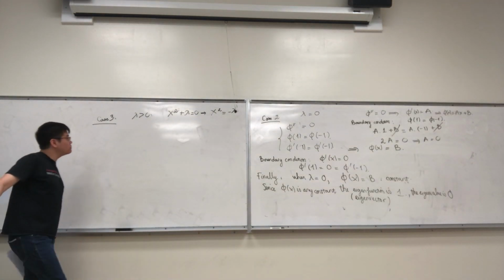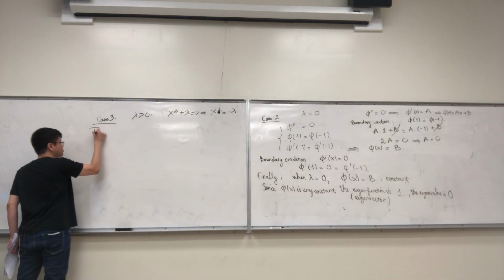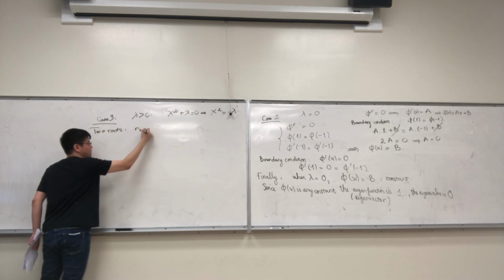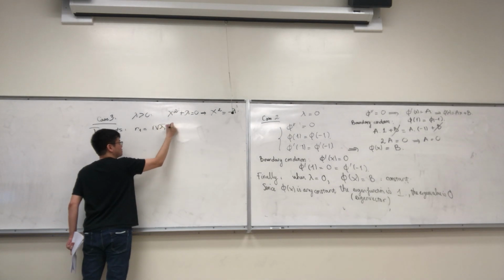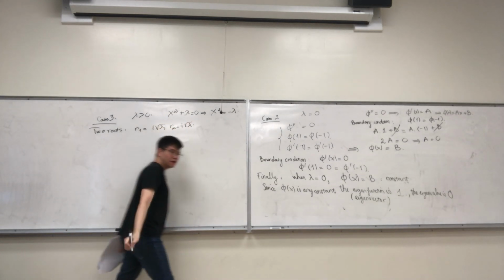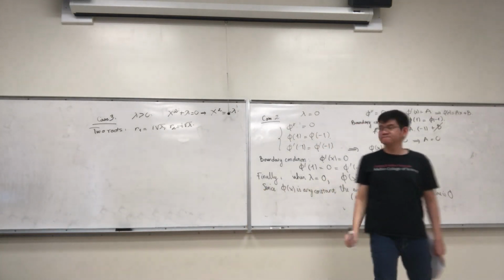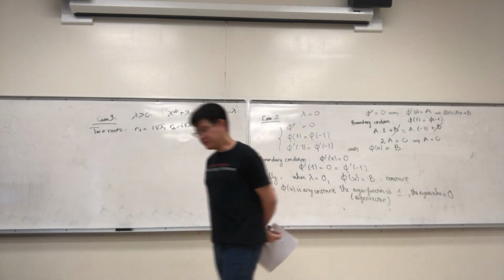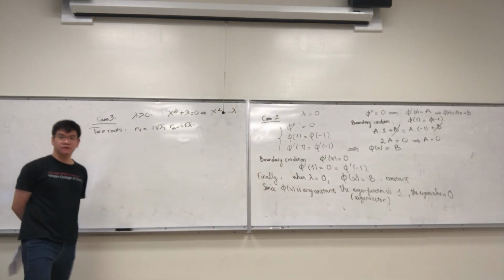And the two roots: R1 will be i square root of lambda, R2 will be minus i square root of lambda. All right? Questions? It's clear. So in this case, what are the two solutions?